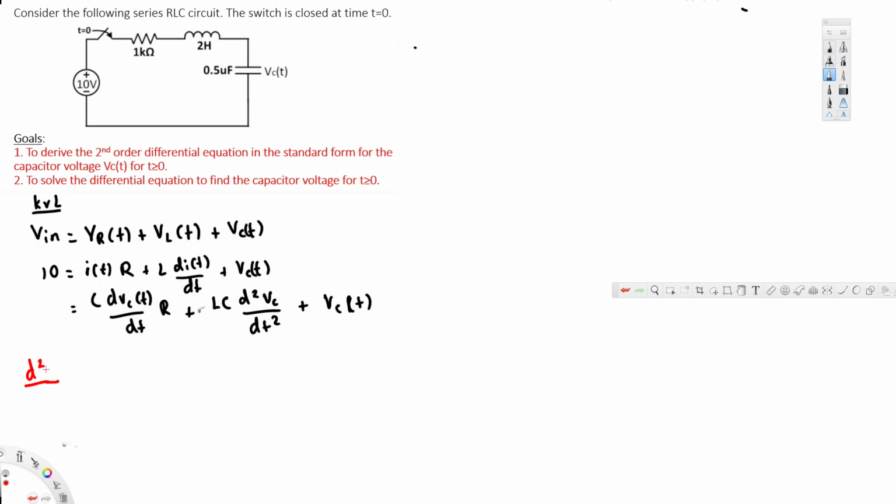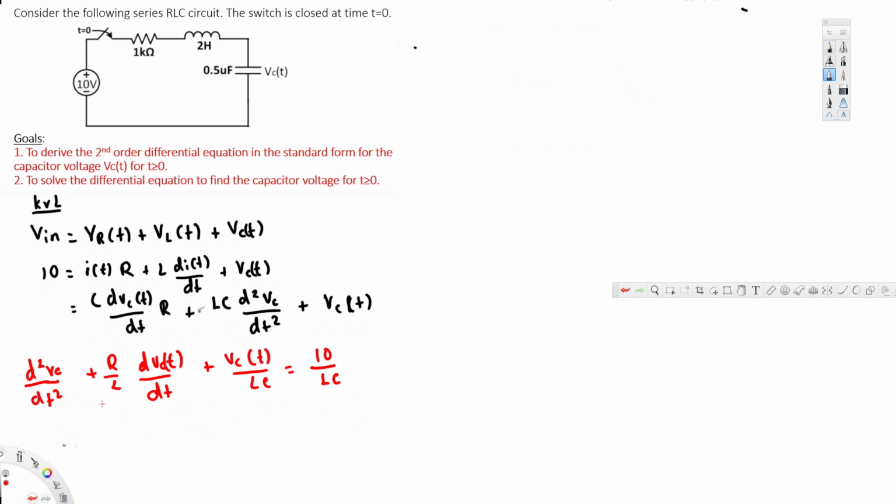So this is going to be d square Vc over dt square, the LC is eliminated because we are dividing everything by LC. The second term is R over L dVc of t over dt, and then Vc of t over LC, that's equal to 10 over LC. So this is the final equation we get.